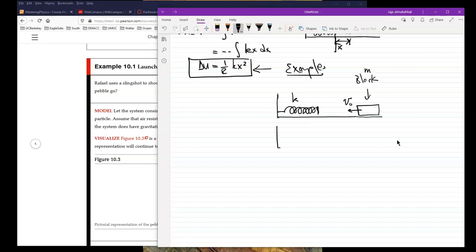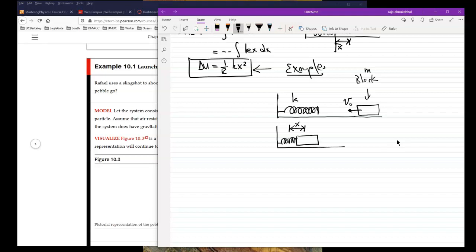So here is the second picture. Let's assume that at the instant of maximum compression, right before the spring or the block rebounds, the maximum compression is X here. Remember, X is stretch or compression. Let's assume this X is given to us.